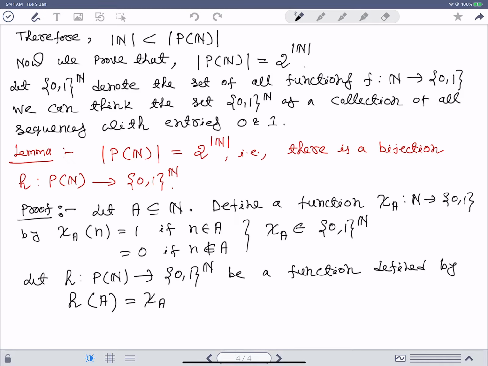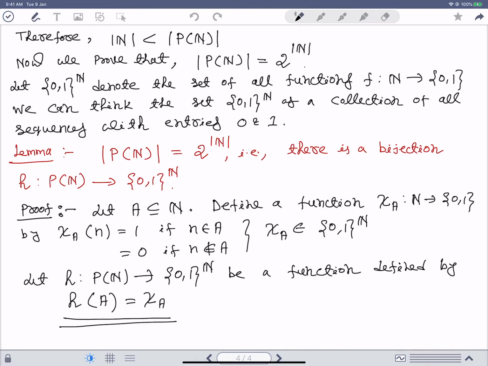So chi A is a function from the natural numbers to the set {0,1}, right? Now here we define a function h from the power set to the set of all functions f, where f is a function from n to {0,1}, right? So we define it in this way: h of A equals chi of A, right? So this is a well defined function.